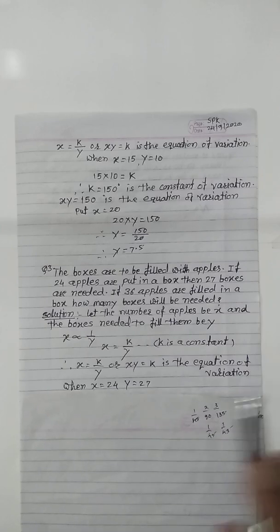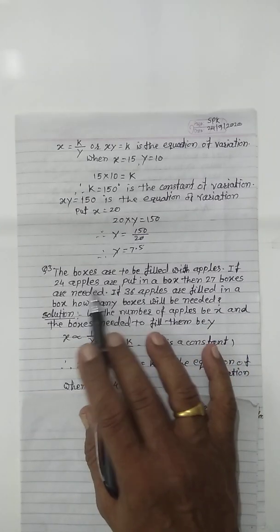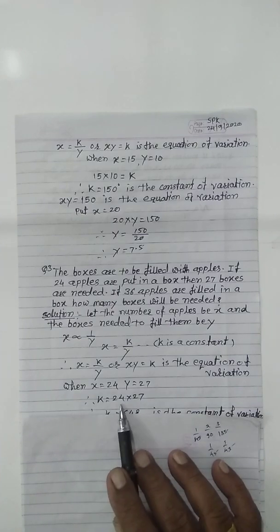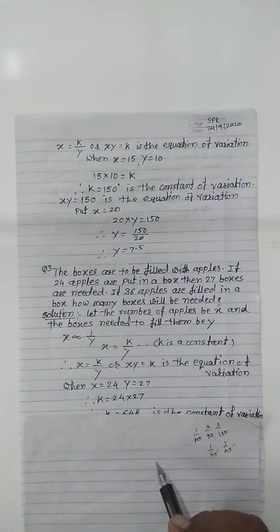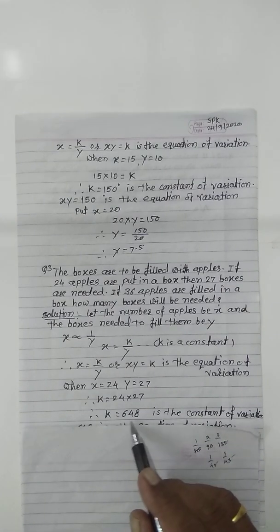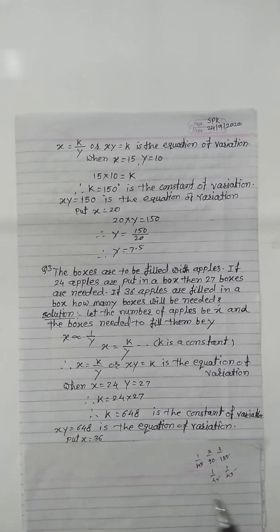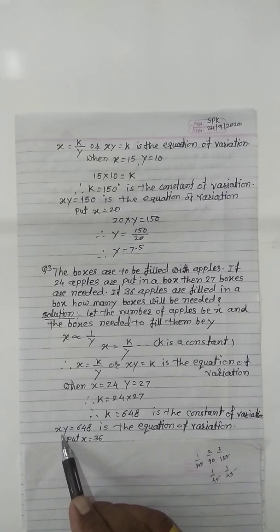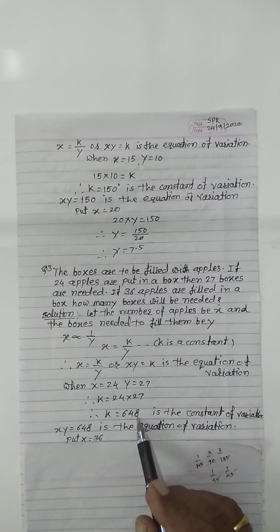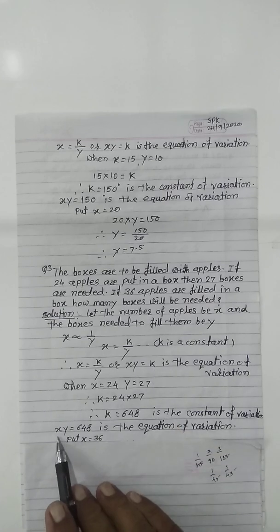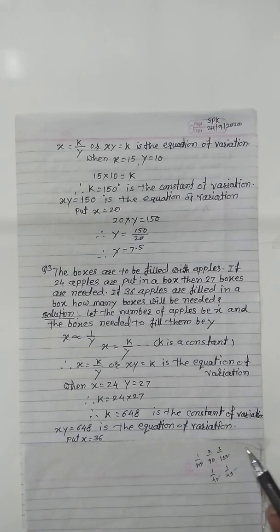Put the values of x equal to 24 and y equal to 27. Then k equal to 24 into 27, then k equal to 648 is the constant of variation. Then write down the equation of variation. Put this value of k here. We get the equation xy equal to 648 is the equation of variation.